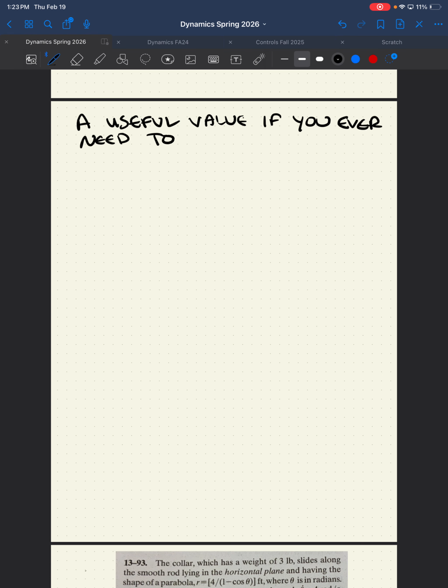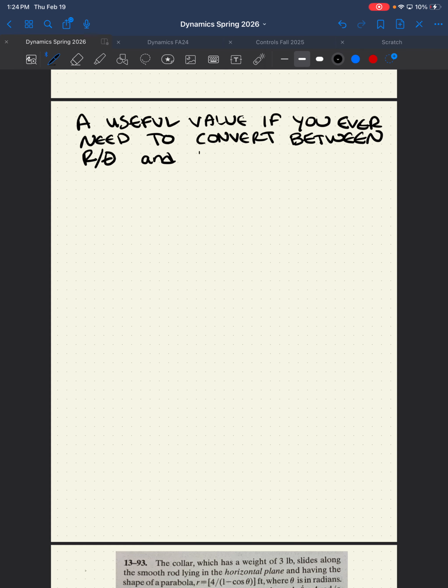What makes talking about psi a little bit weird is if you were to solve this equation for tangent psi equals r dr d theta, if you get a negative value for psi, what you're actually being told is the opposite direction.